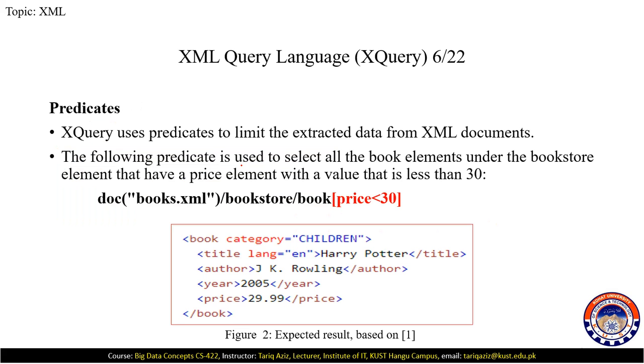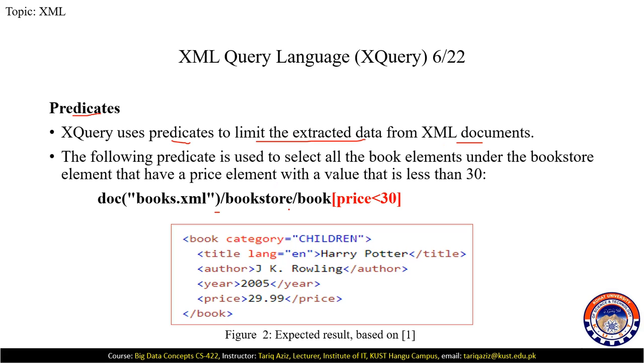Now this is our second query. But before going into the query, we have to discuss predicates. What do you mean by predicates? Dear students, in the XQuery language, a predicate is basically used to limit the extracted data from XML documents. How?